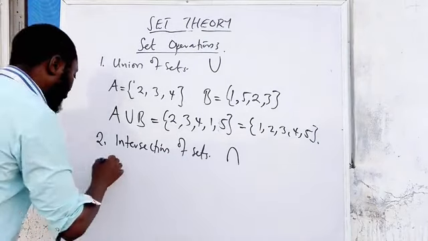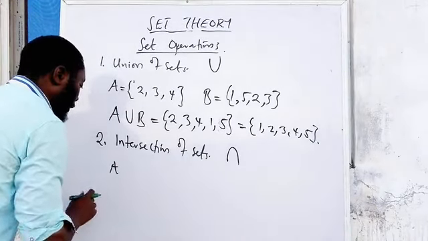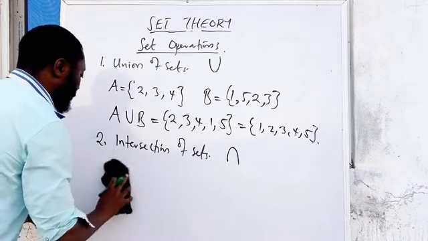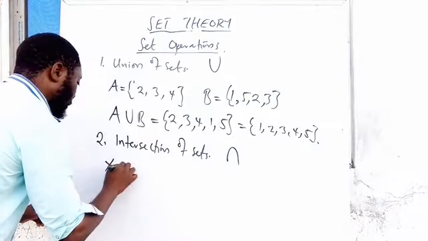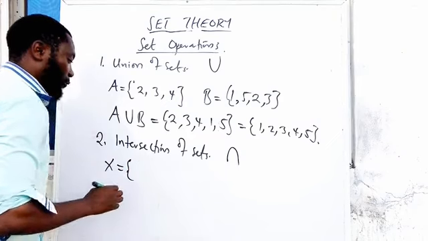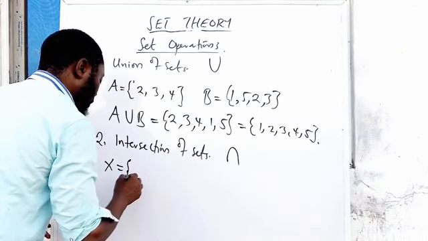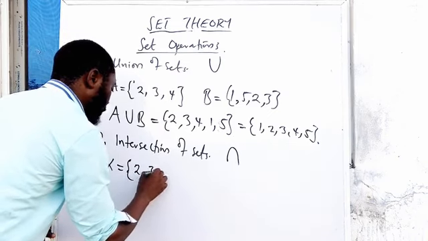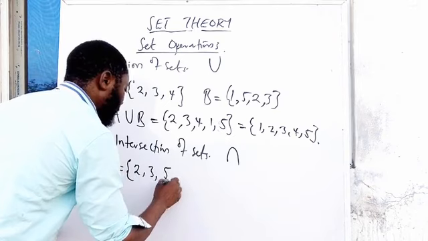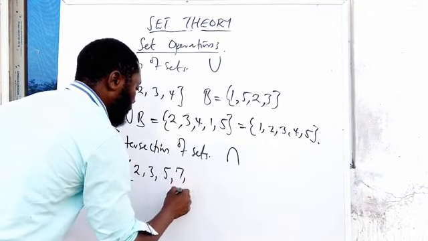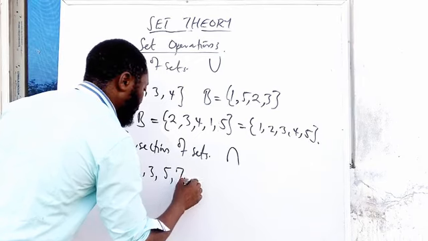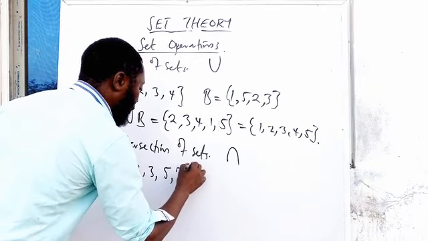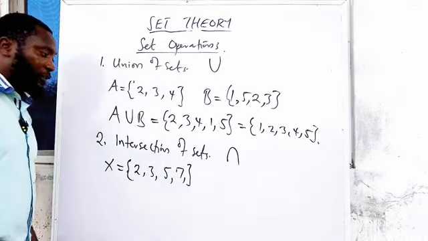For example, let's use another letter now. Set X equals prime numbers 2, 3, 5, 7. I think these are prime numbers.